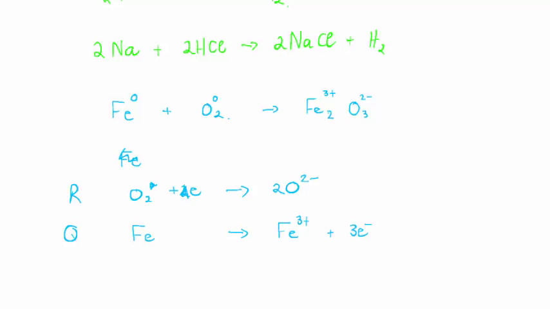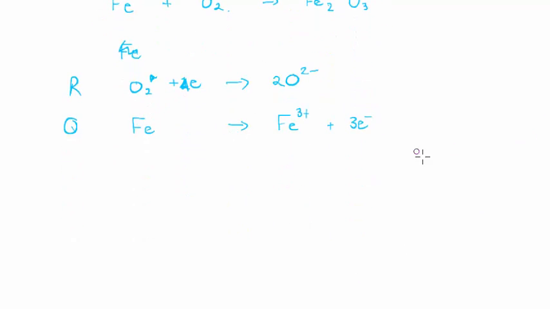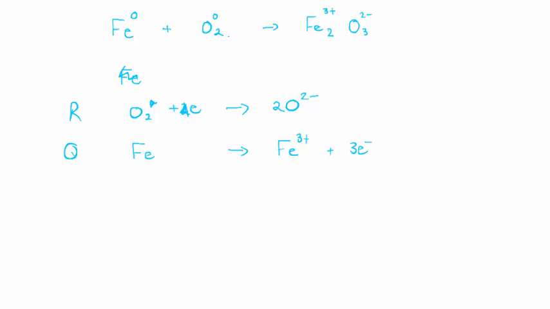Okay, now once again, I want to balance this equation. There's no spectator ions, which is great, but now if I wanted to get these 2 equations to happen at the same time, I need to make sure that on the left hand side and the right hand side I've got the same number of electrons. How can I do that? Any suggestion?